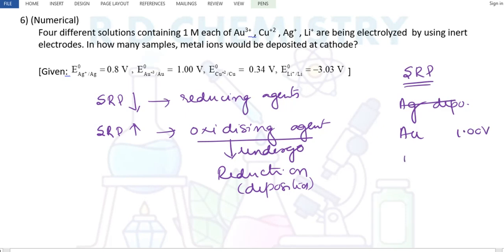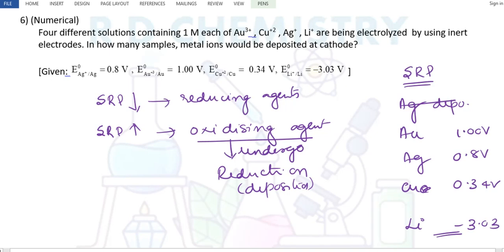Then comes silver, Ag, 0.8 volt. Then comes 0.34, which one is that? Copper, 0.34 volt. Then comes finally lithium, it is minus 3.03. This is the lowest value. It's a very good reducing agent, undergoes oxidation easily, and is not deposited.